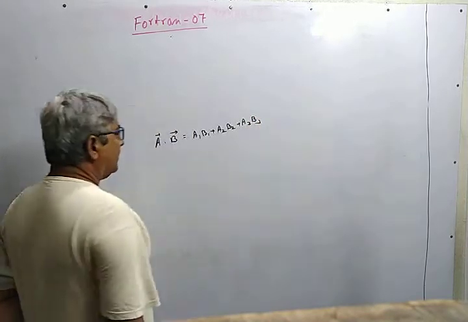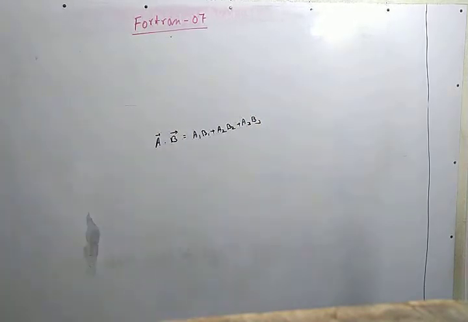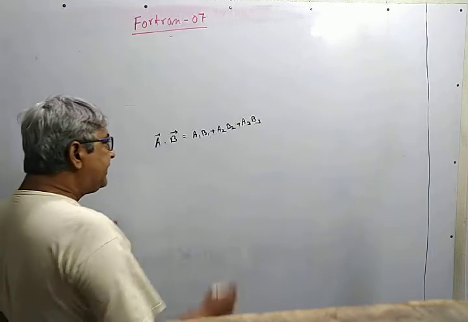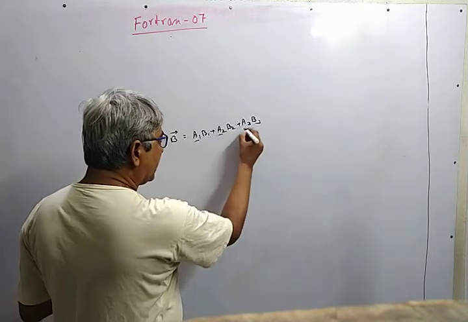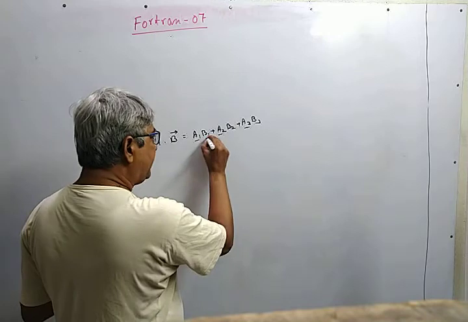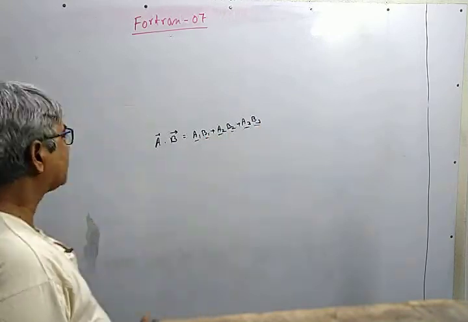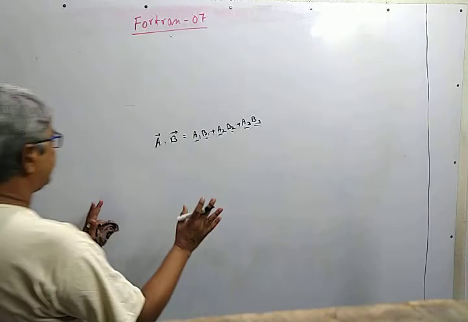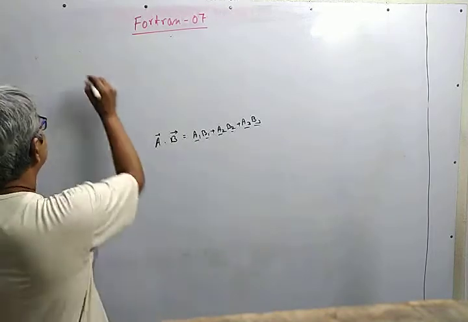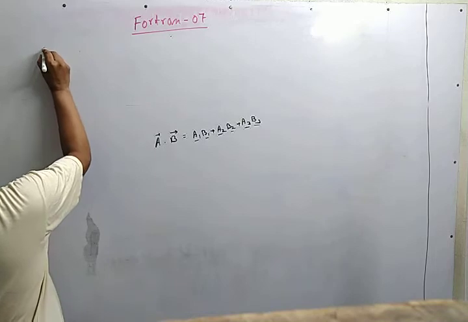So we are trying to write a program which will read the vector A, that is A1, A2, A3, and the vector B, that is B1, B2, B3, and calculate the dot product. So what should be the program? Let me first write the program, then I will explain.